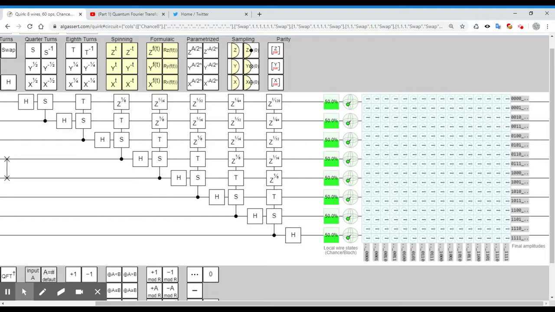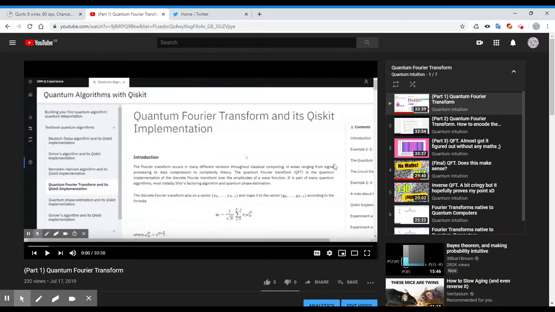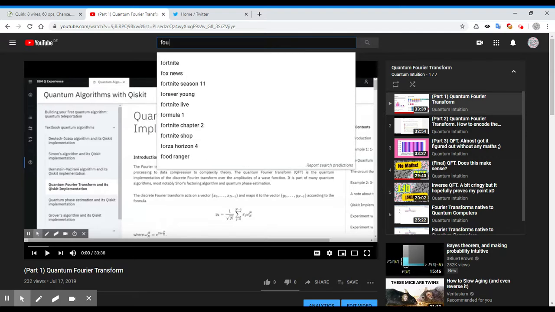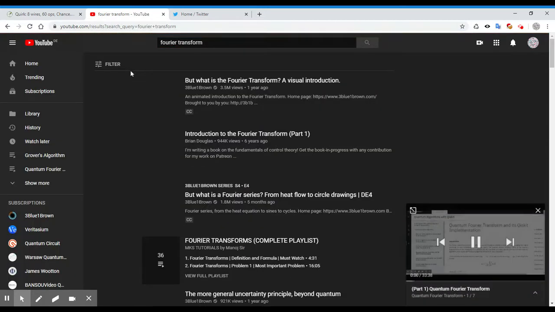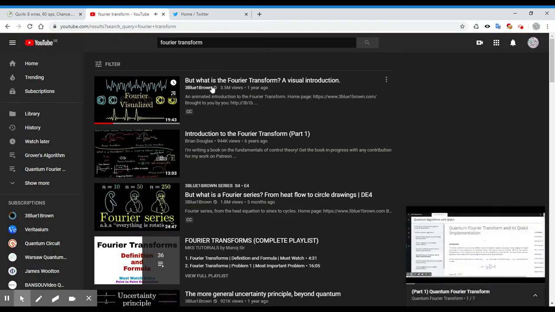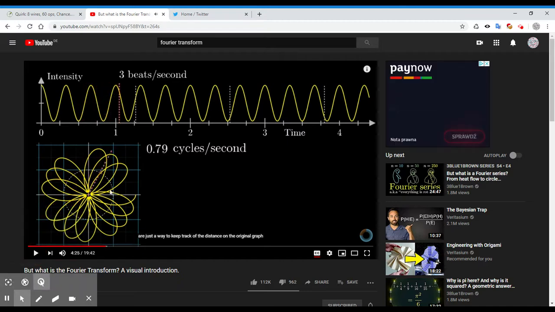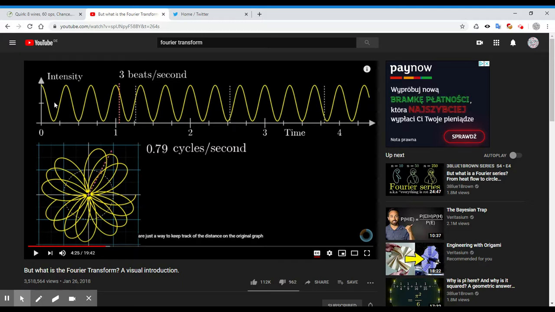But what's confusing to me is that if you take a look at channels that explain what the Fourier transform is, like 3Blue1Brown, obviously, which is a really nice visualization, they talk about the Fourier transform as going from the actual wave to the frequency space.